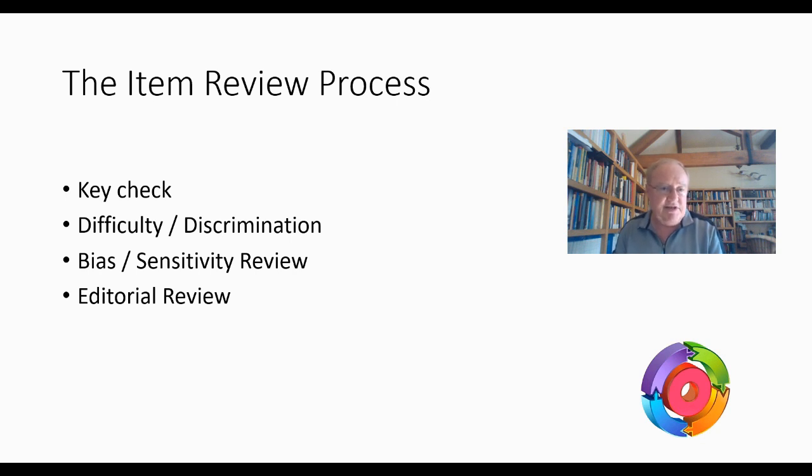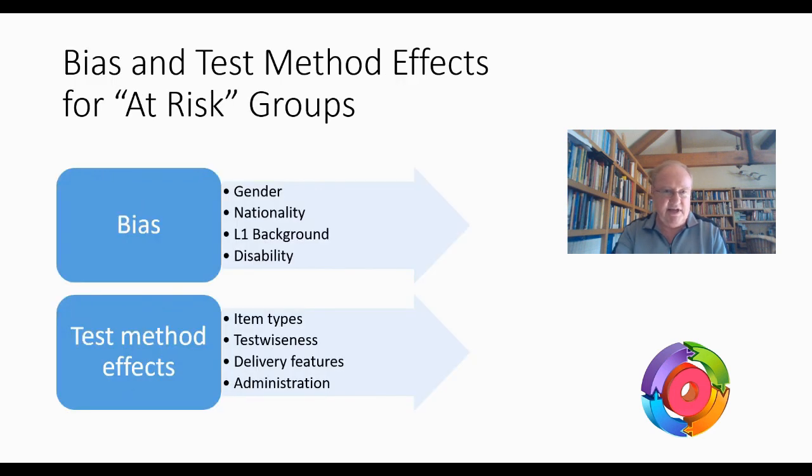And he summarised this: key check, difficulty discrimination, which is what we just talked about, bias sensitivity review, which is on the form, and editorial review. But what we're going to do now, having just summarised that from the review process, is go on and look at bias sensitivity next.